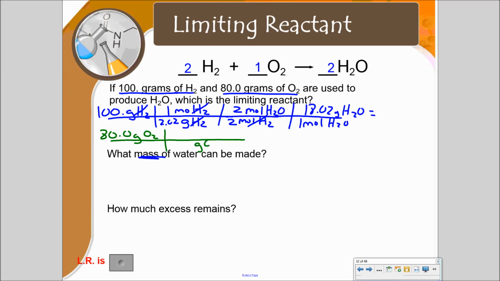If you're not in moles, get to moles. And once you're in moles, you can go to moles of what we're looking for, which in this case is water. And there's a 1 in front of here and a 2 here. And then, of course, this last step is going to be the same.